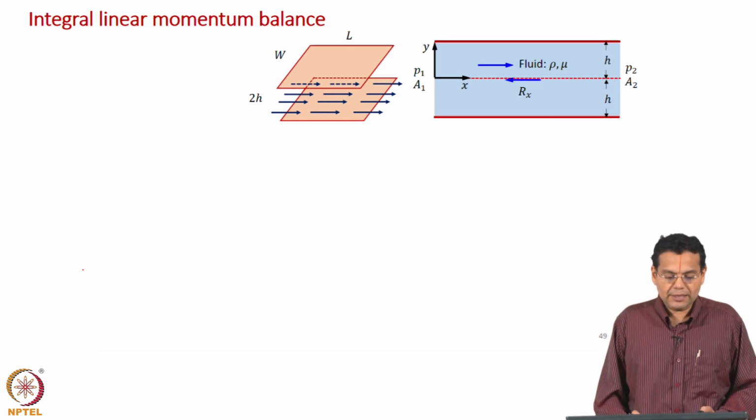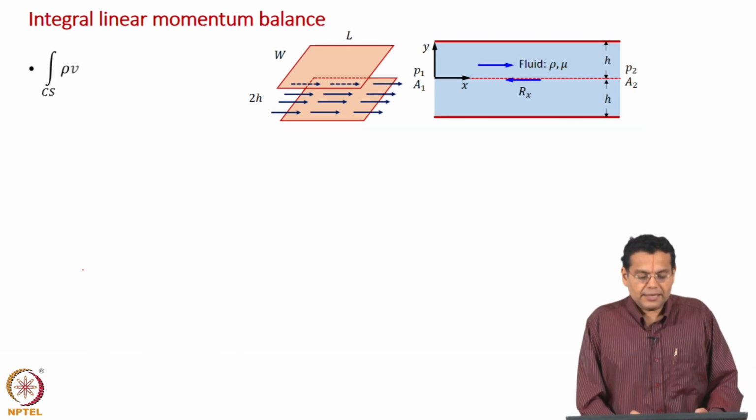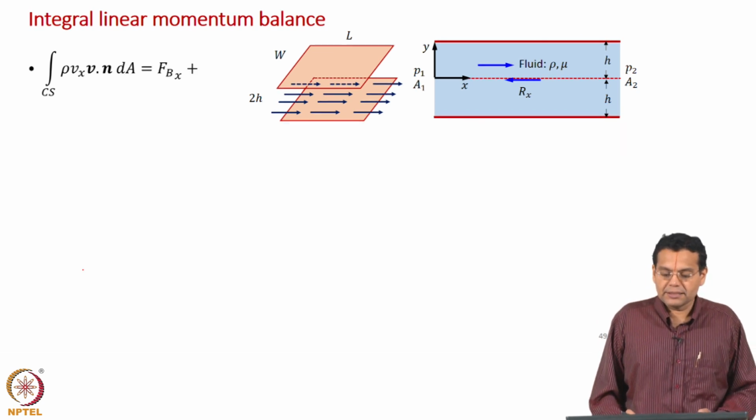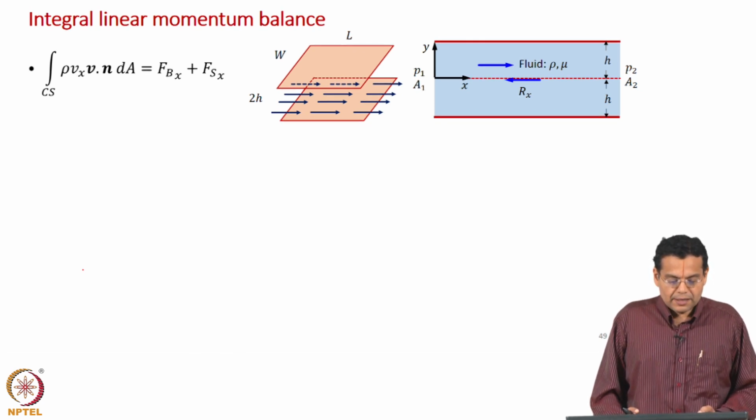So, let us write down the integral linear momentum balance. Of course, we are writing for the steady state condition. Left hand side is the net rate of x momentum leaving through the control surface, right hand side we have body forces and surface forces acting along the x direction.